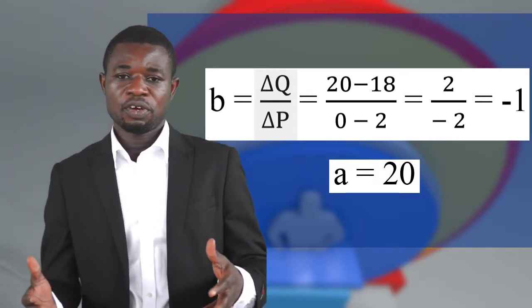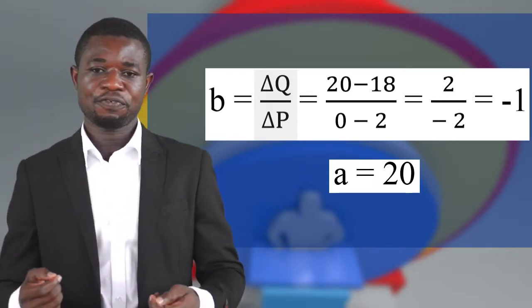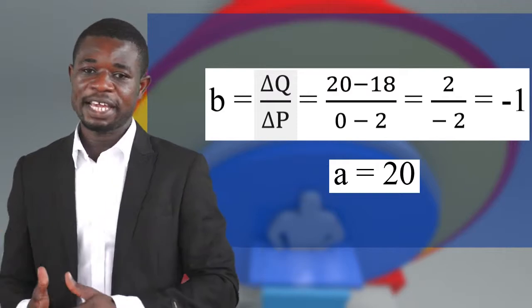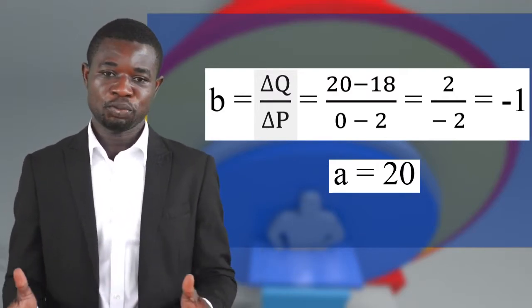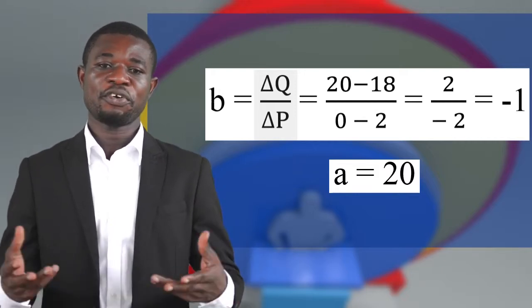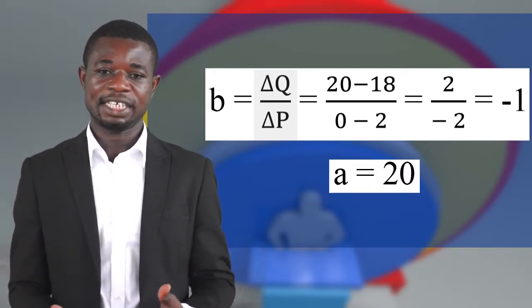Now, when we have the value of B to be -1 and the value of A to be 20, we go back to the original demand formula that we stated.